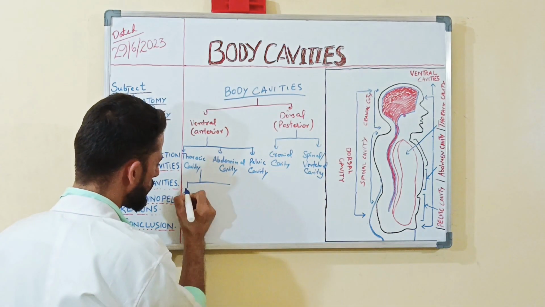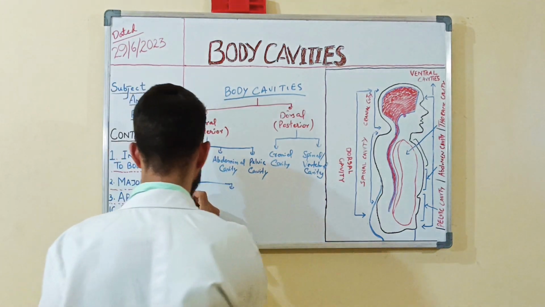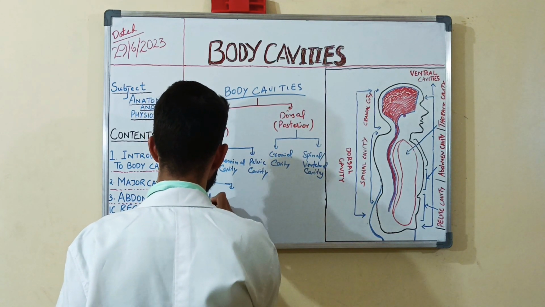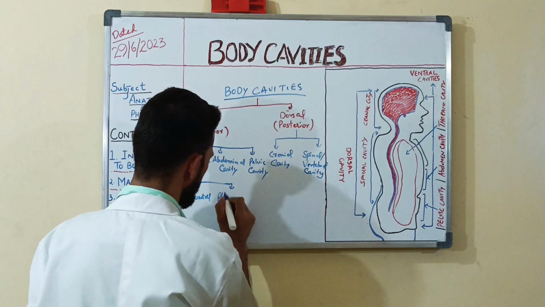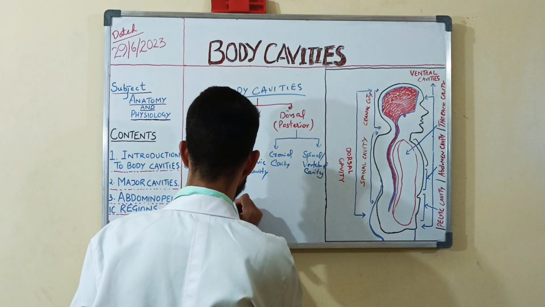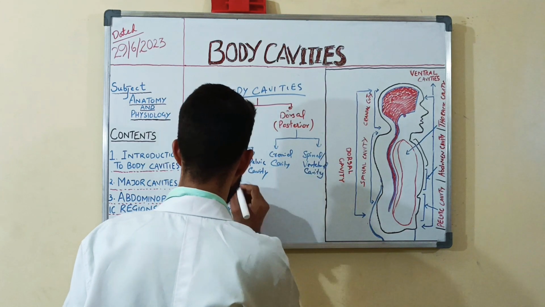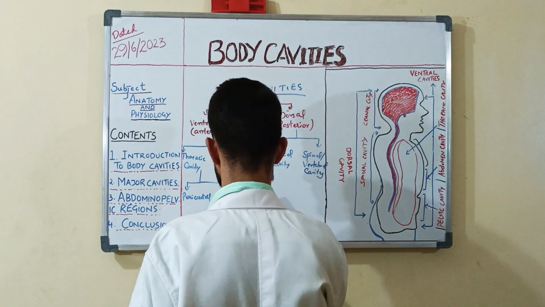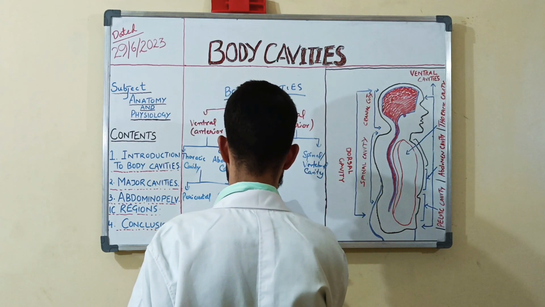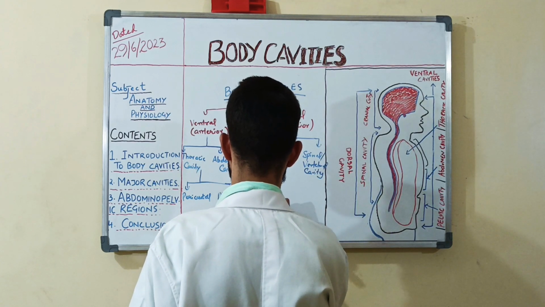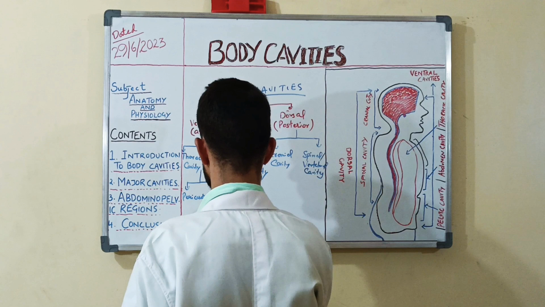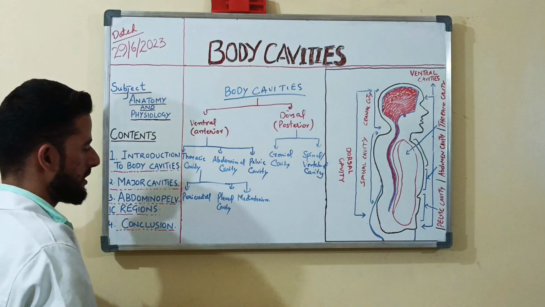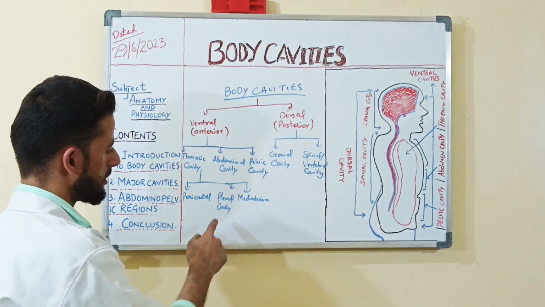First one is pericardial, second one is pleural cavity, and third one is mediastinum. So under the thoracic cavity there is the pericardial cavity, the pleural cavity, and also the mediastinum.